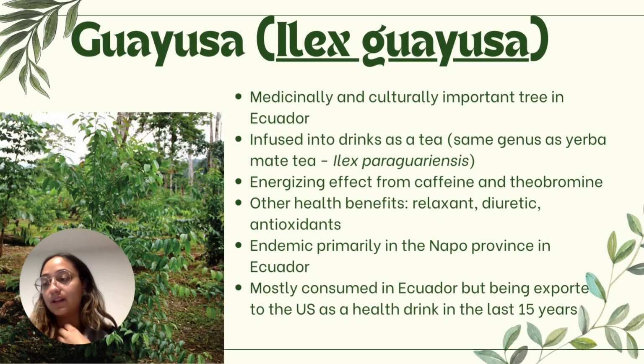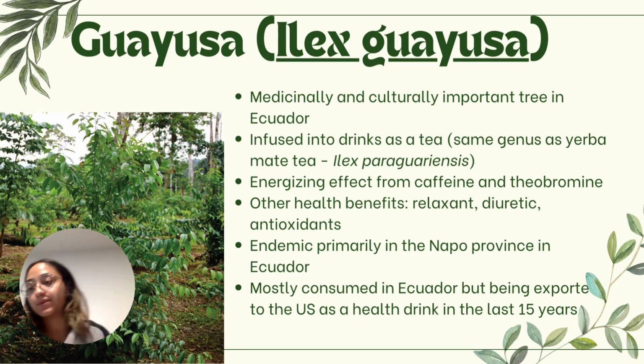Okay, let's talk a little bit about Guayusa, or Ilex guayusa. It's a medicinal and culturally significant tree in Ecuador and resembles yerba mate, which is used in Argentina, and it is traditionally infused into a beverage as a tea. It is known for its energizing properties due to caffeine and theobromine content, and it also offers various health benefits, such as relaxation, diuresis, and antioxidant properties.